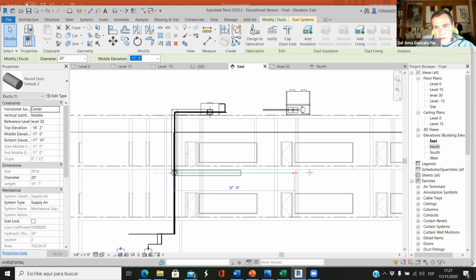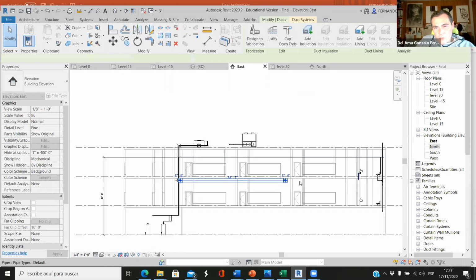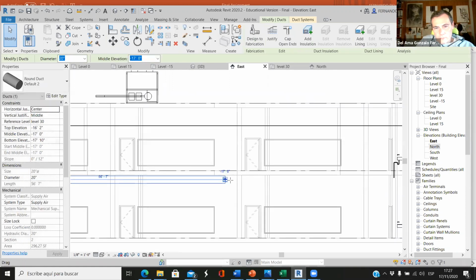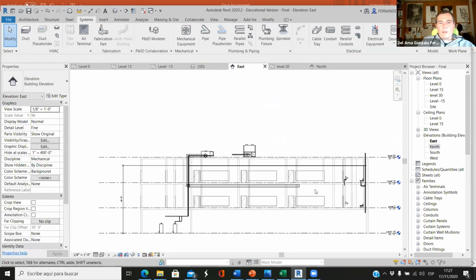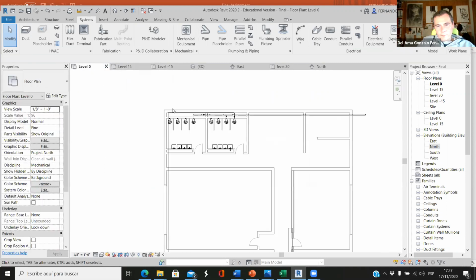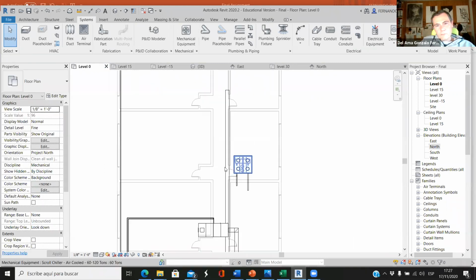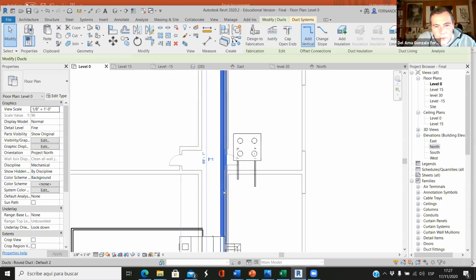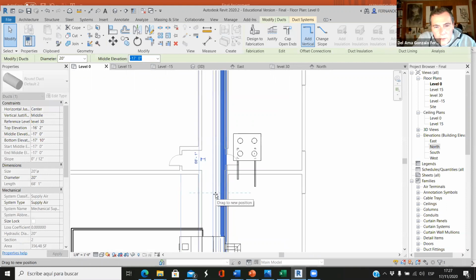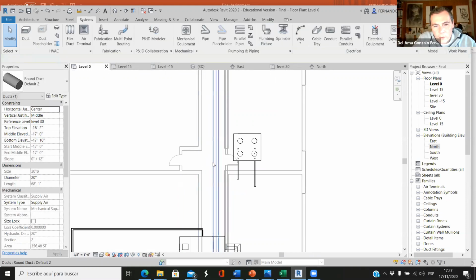Okay, so we have to extend this up to the final classroom. And on level 0, oh, so you see, it should go here within the corridor.